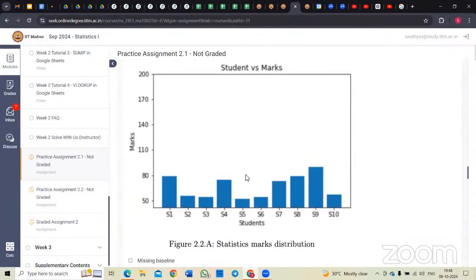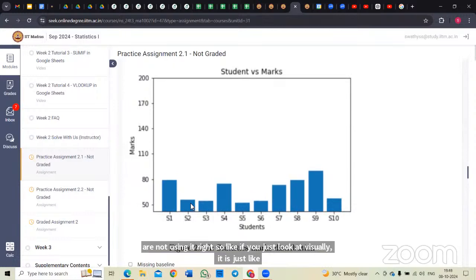See, this is a manipulated y-axis because we have data till about 100, and above that we are not using the frequency. Visually, it looks like all the values are less, like the statistics marks are less.